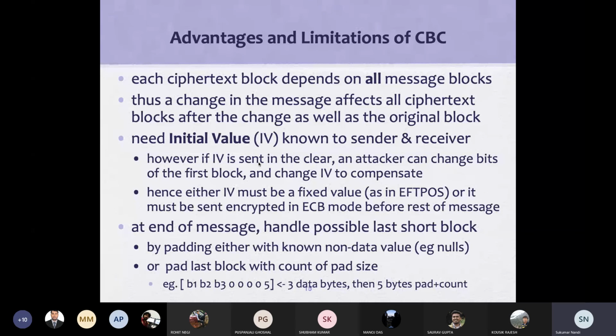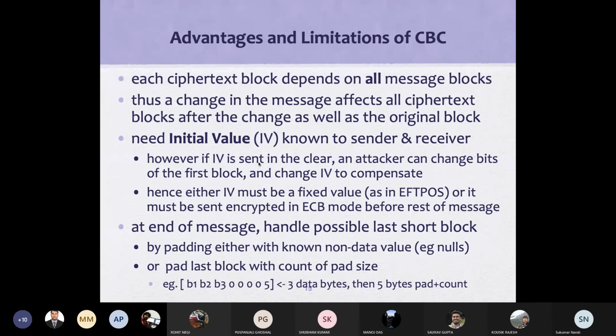Another option is that while sending, the first message block will be the initial value, which is plaintext. The third option is to use ECB mode, encrypt the initial vector or value, and send it. Subsequent blocks will be CBC.